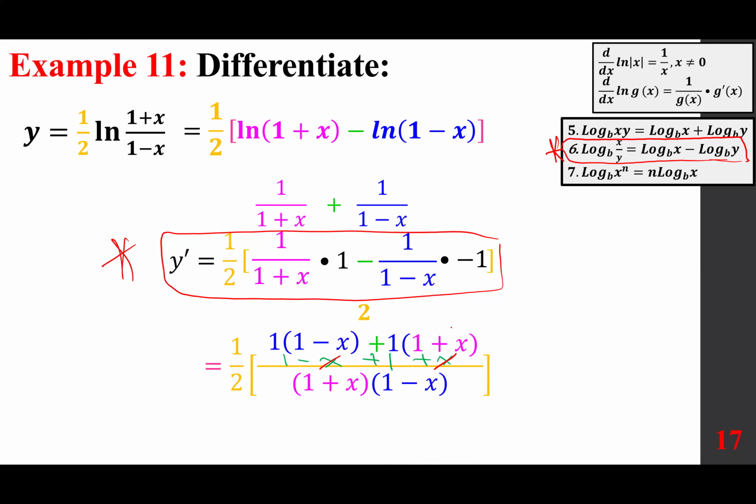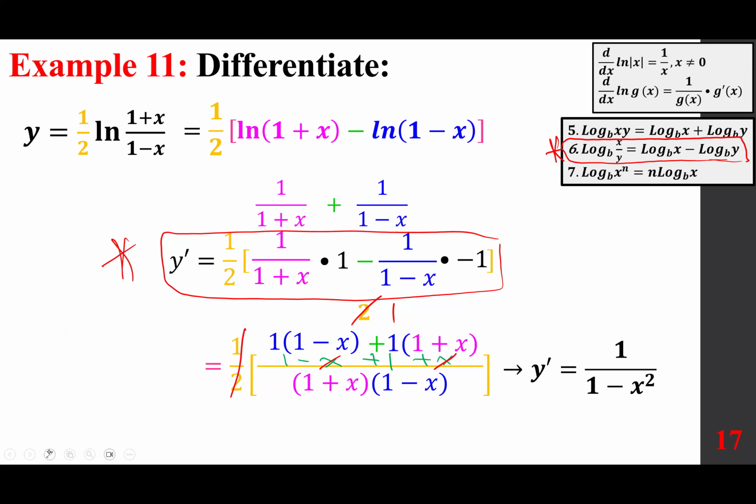So we have 1/2 times the fraction. The numerator is 2. The denominator is 1 plus x times 1 minus x. First of all, these two cancel each other. The numerator becomes 1. Secondly, these two, a plus b times a minus b is a squared minus b squared. So it's 1 minus x squared.